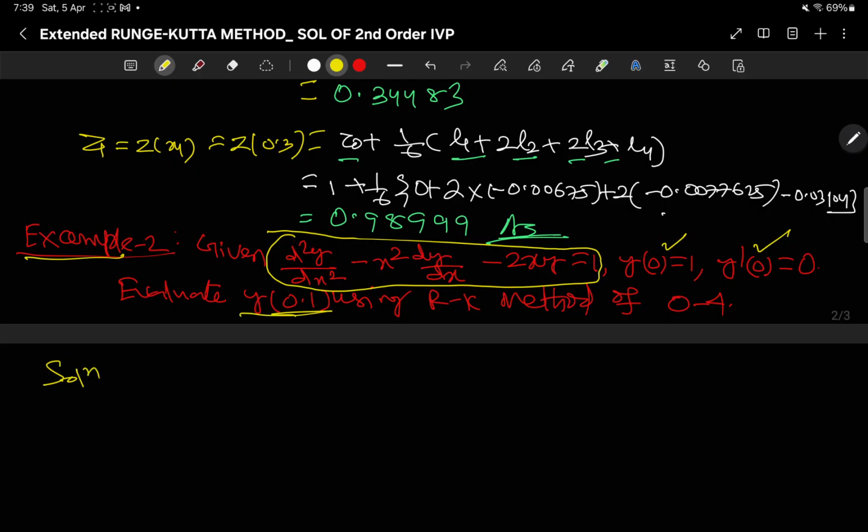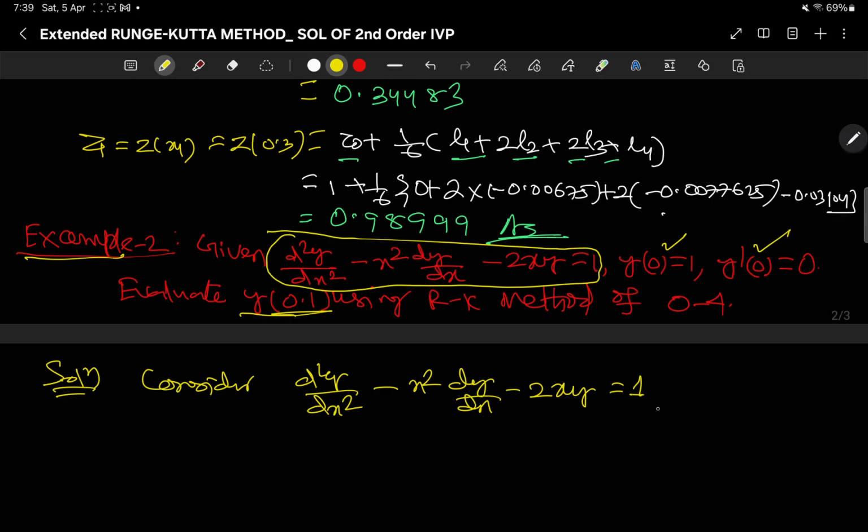Now coming to the solution, consider d square y by dx square minus x square dy by dx minus 2xy is equal to 1 with y0 is equal to 1 and y dash 0 is equal to 0.